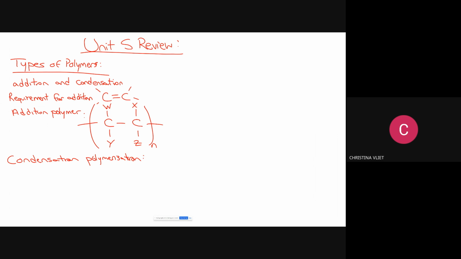So the requirement in order for you to be able to have condensation polymerization is you need 2 molecules or 2 groups. The groups can be on the same molecule. That result in the removal of water or HCl.